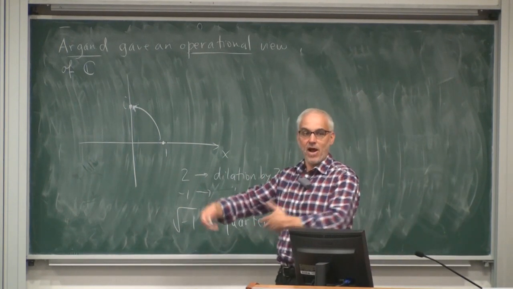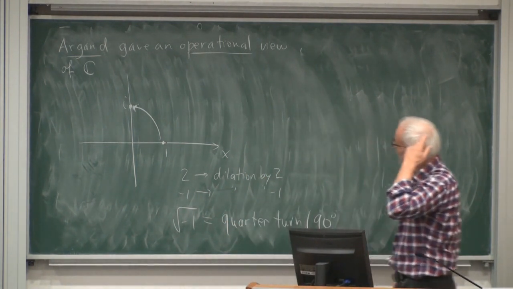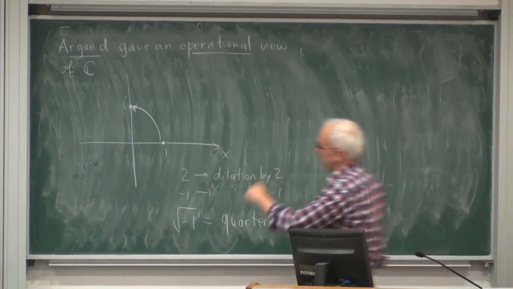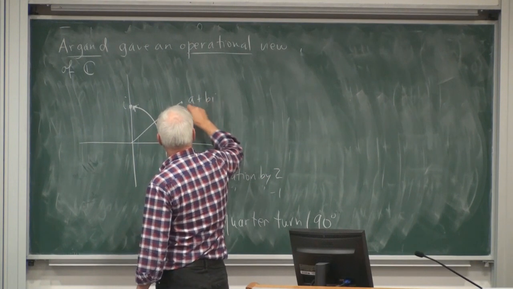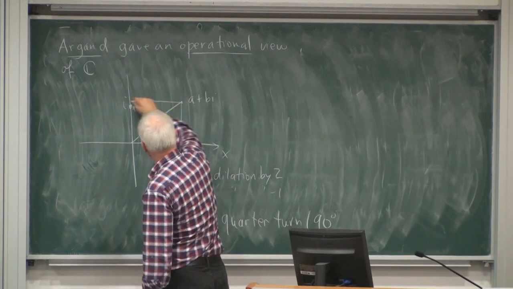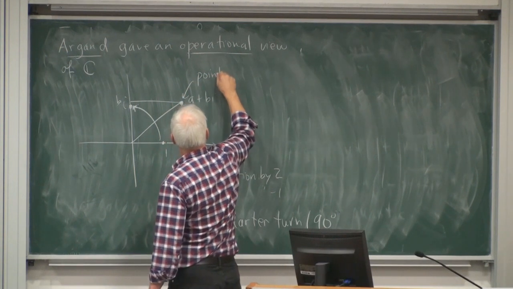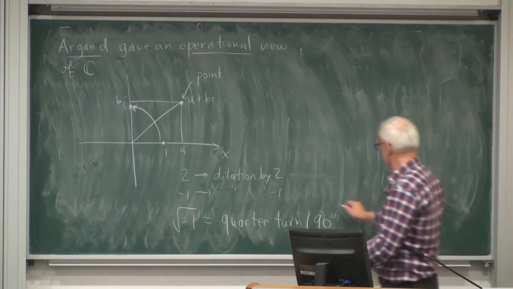That way, the product of complex numbers was just compositions of these transformations. So he adopted the point of view that we have today, that you can end up representing a complex number by actually a point rather than a vector. And that was the point of view that Gauss took.